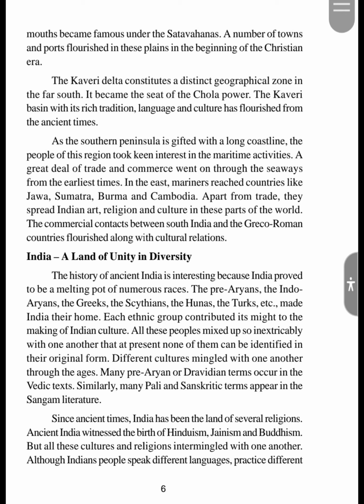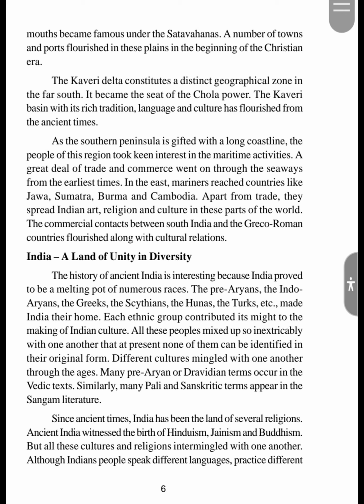Each ethnic group contributed its might to the making of Indian culture. All these people mixed so inextricably with one another that at present none of them can be identified in their original form. Different cultures mingled with one another through the ages.